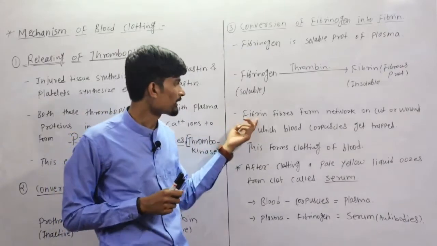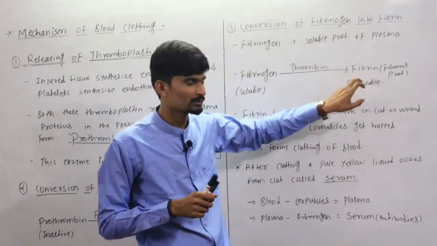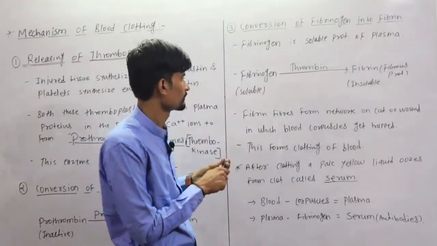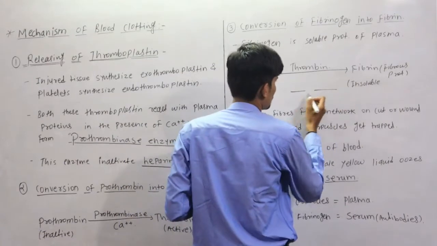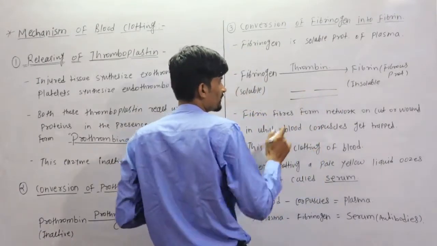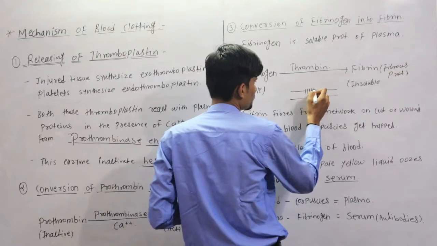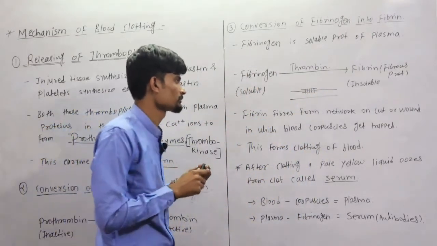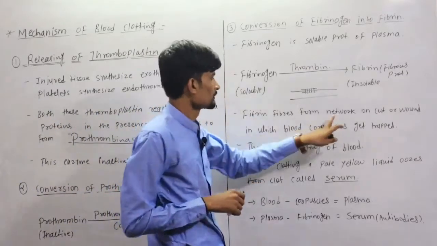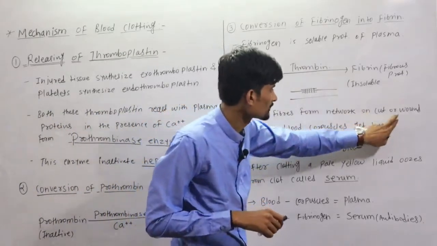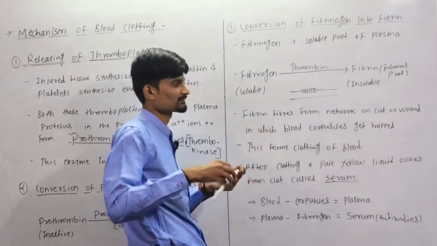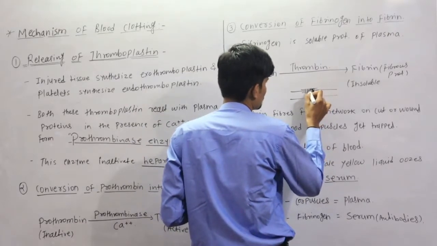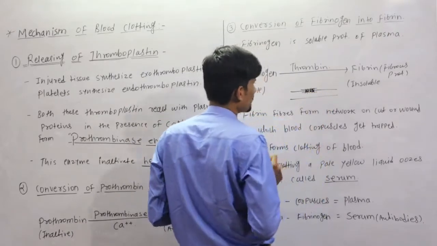Then these insoluble fibrin fibers form a network on the cut or wound. Suppose, students, this is the vessel and here this vessel got injured. What happens is this fibrin fiber forms a network at this site, and the blood corpuscles get trapped in it, and there is a deposition of platelets, and it will form the clot, that is thrombus.